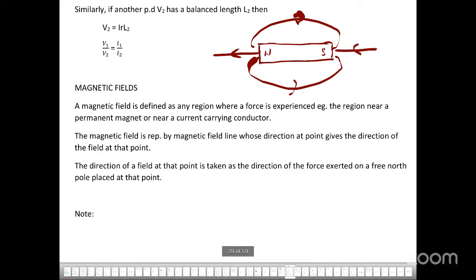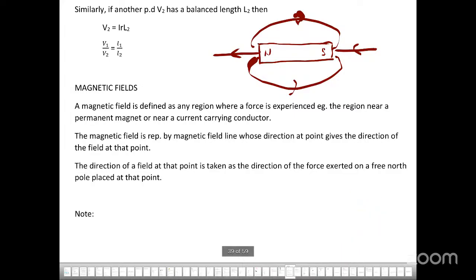So you will recognize that a lot of things we did in electric fields get applied here, not everything, but most of it. For example, a region near a permanent magnet or current carrying conductor. For those who don't remember, around the current carrying conductor, we have magnetic fields.